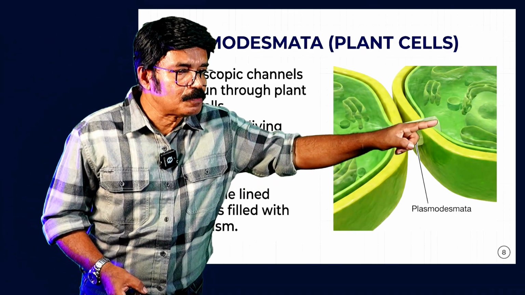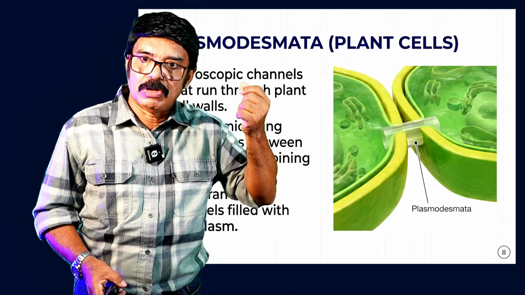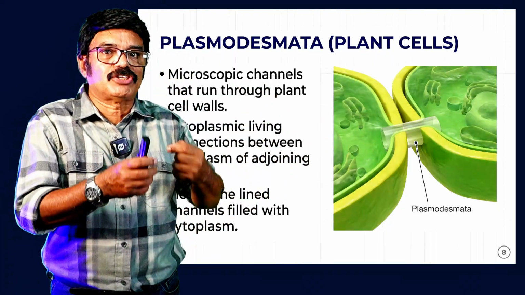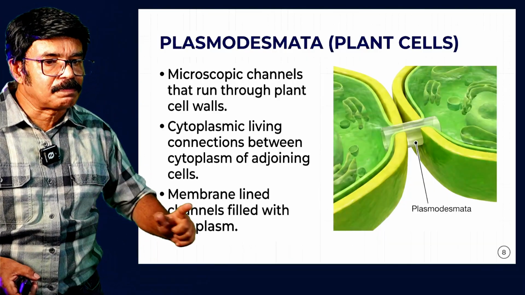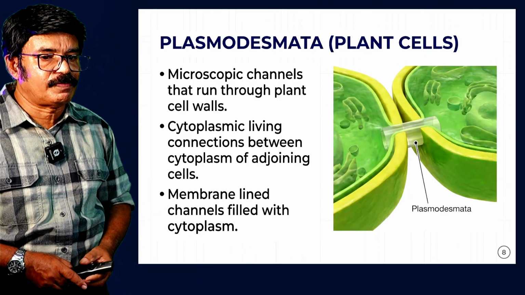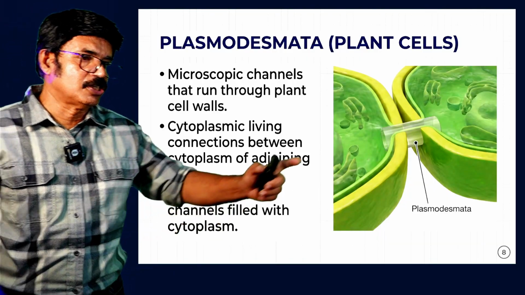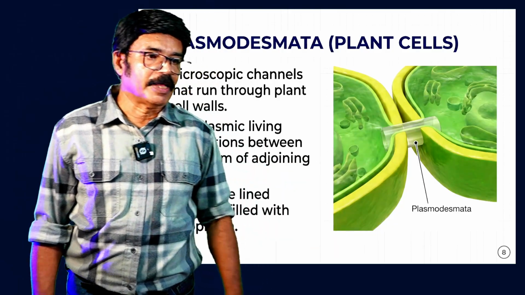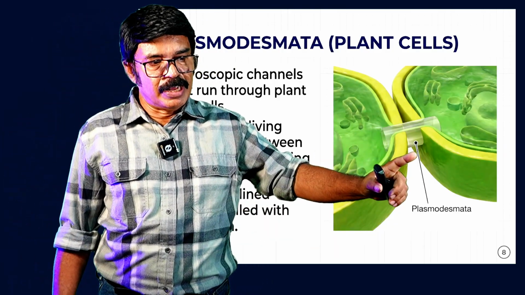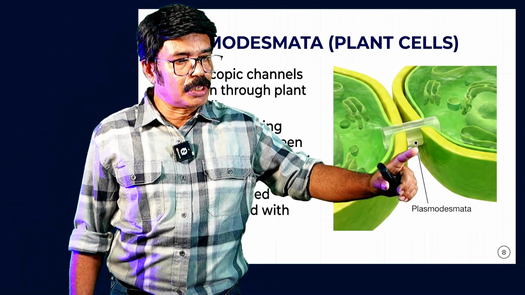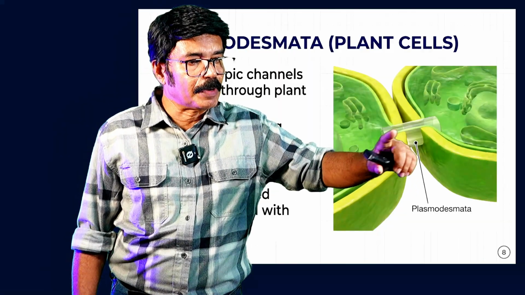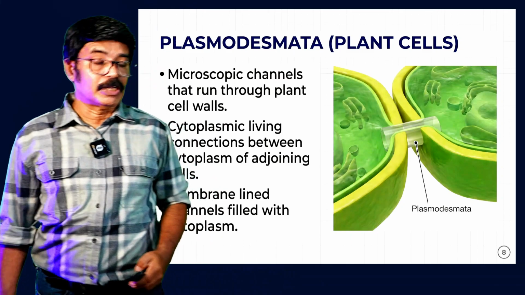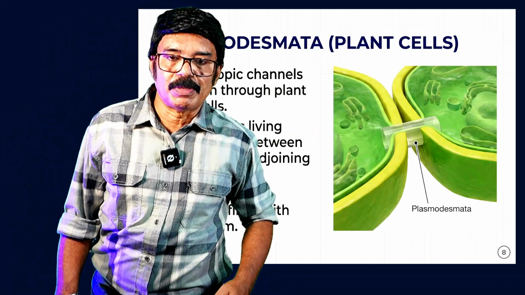Through this space you find cytoplasm, cytoplasmic connections. All the cells are connected together using cytoplasm. Membranes line channels filled with cytoplasm. Yeah, this is plasmodesmata. This is not a real picture. So in the real picture, plasmodesmata is cytoplasmic connections surrounded by plasma membrane.